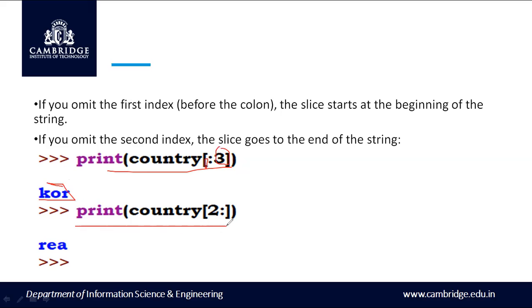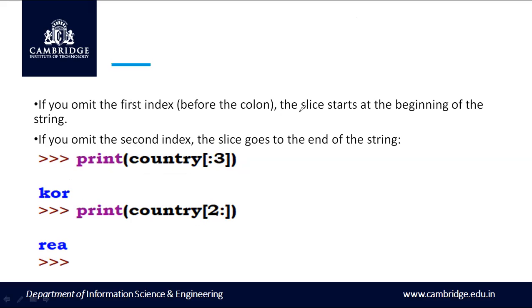In the second example, I omit the second index. That means the ending of the string will be printed. So it starts from the offset value 2, that is REA, and that REA will be printed.